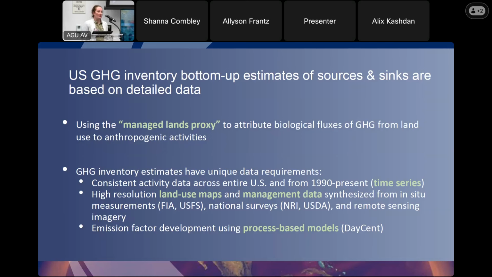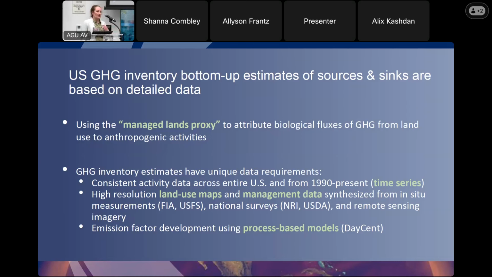So as Aaron and Sharon mentioned, this time series brings unique challenges because we are developing lots of new modern data sources and modeling capacities and observations, but we need to combine those new modern data sources with proxy data or modeling frameworks that go back to 1990 so we can build a consistent time series of emissions across this whole 30-year period. So together with these high resolution land use maps, we use management data synthesized from in situ measurements as well.